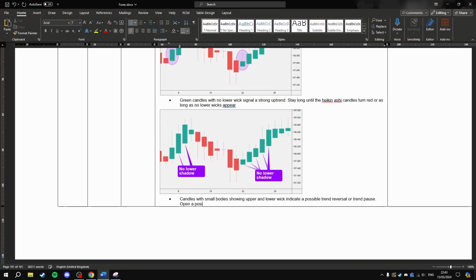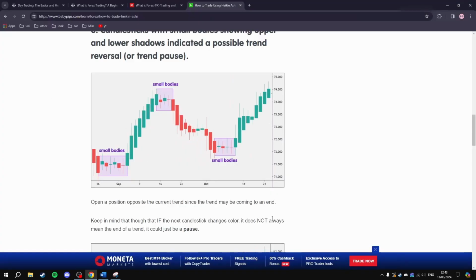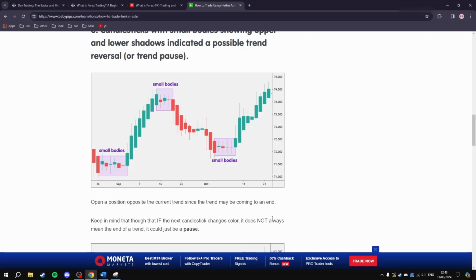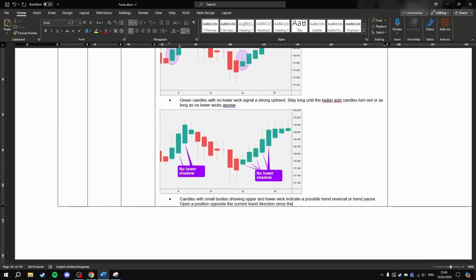Open a position in the opposite direction of the current trend, since the existing trend may come to an end.